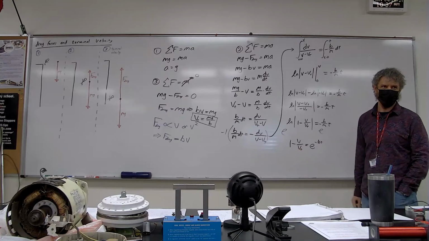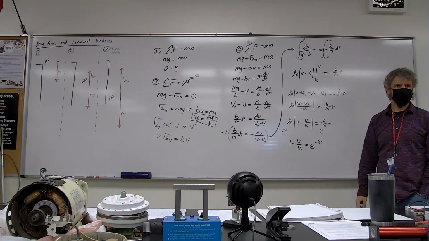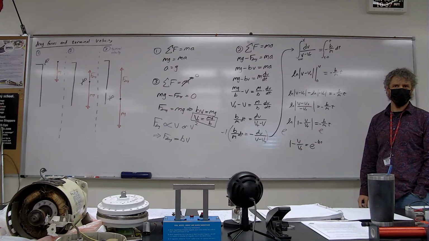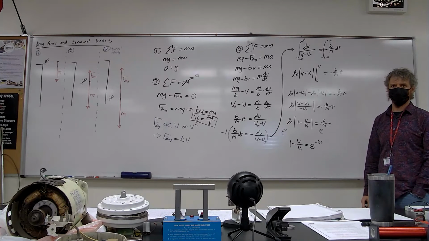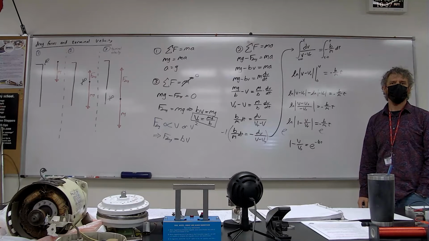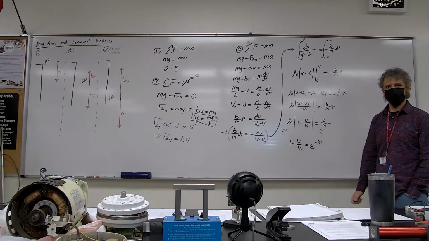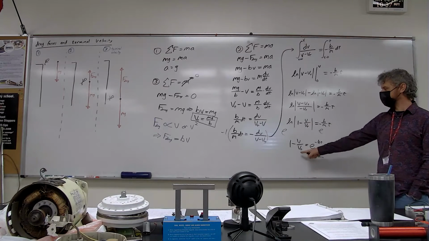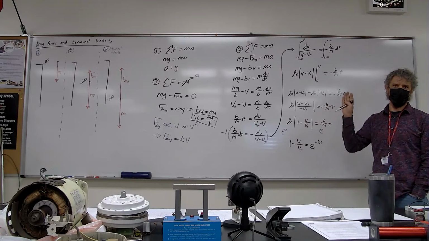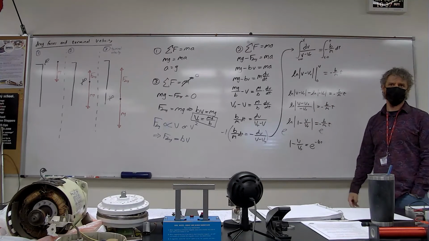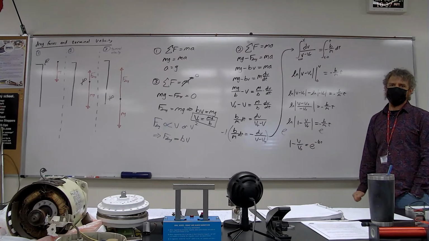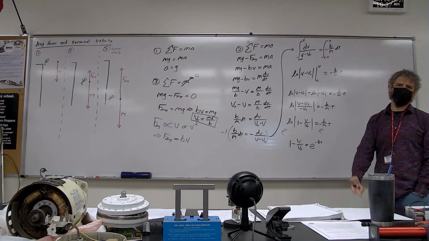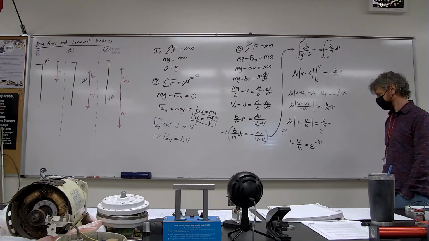Well, no, it could be if there's an external force on it. But we're not going to deal with that in this class. Theoretically, you're never going to reach the terminal velocity. You're going to be asymptotically approaching it. But if something was like an asteroid coming into Earth, then you'd have to be a little more careful.